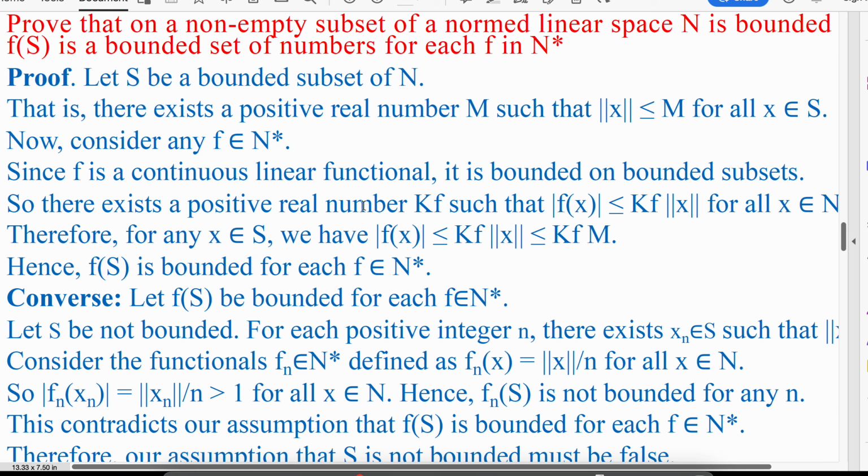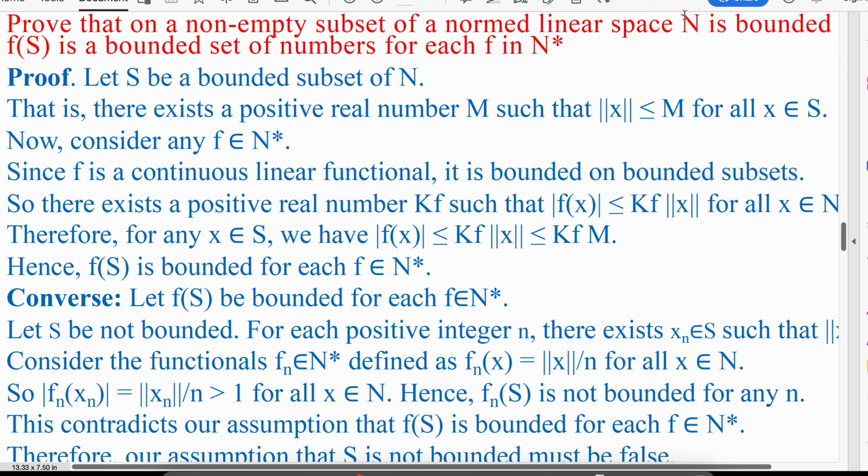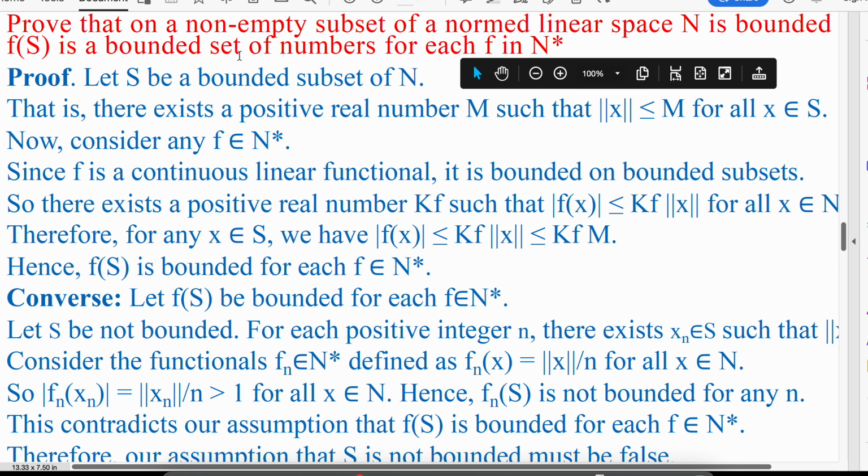So we have proved that if S is a non-empty bounded subset of a normed linear space N, then f(S) is a bounded set of numbers for each f in N star. N star means the dual of N.